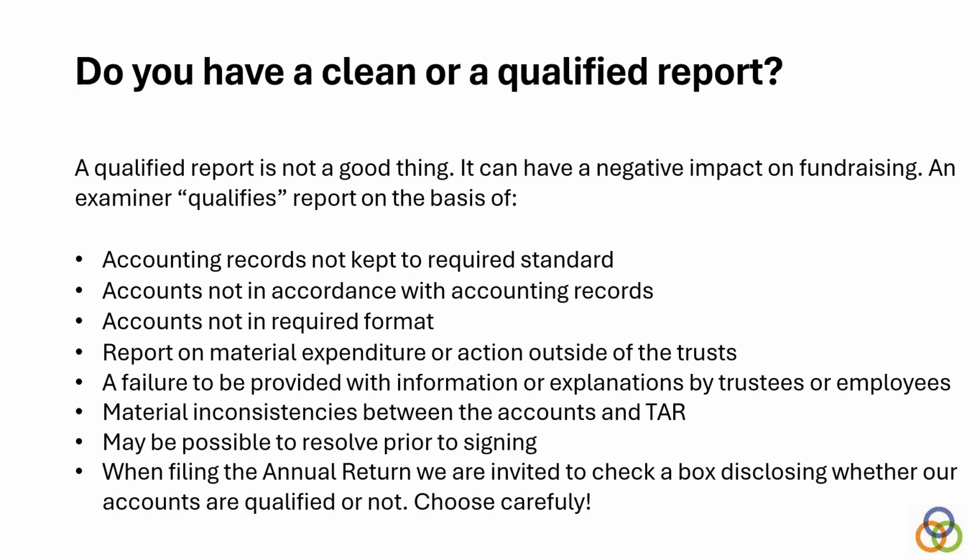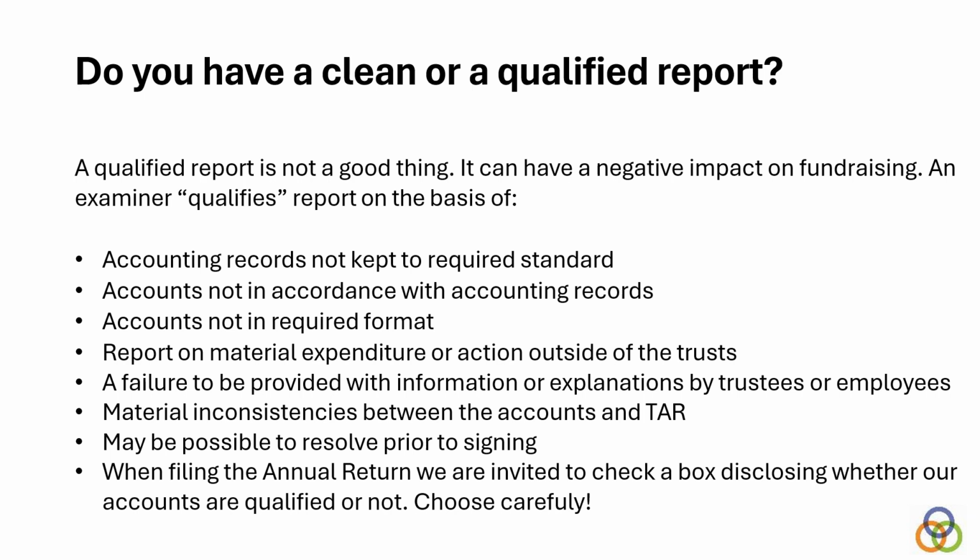Now, when we file the annual return, we are invited to check a box disclosing whether our accounts are qualified or not. And at this point, we're so proud of the accounts and so relieved to get to this stage. We say, yes, they're qualified, because we quite fairly interpret that as being, have they been done by someone who is qualified?